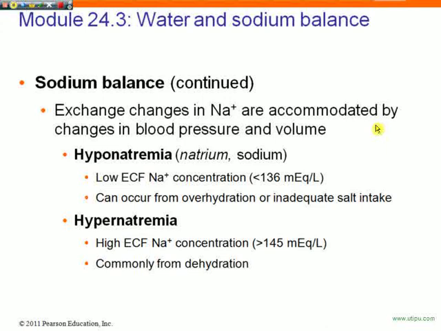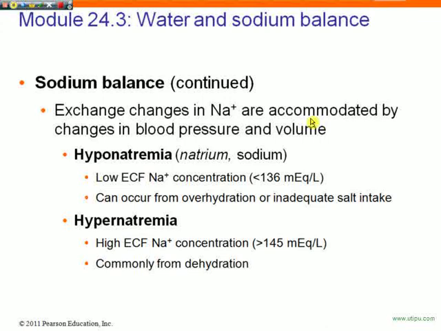So the word we use for low sodium is hyponatremia. That's when you have a low ECF sodium concentration of less than 136 milliequivalents per liter. Remember, ECF, extracellular fluid, includes the fluid in the blood vessel. So if you were to do a blood draw and measure the sodium in it, that's going to give you that measurement in milliequivalents per liter.